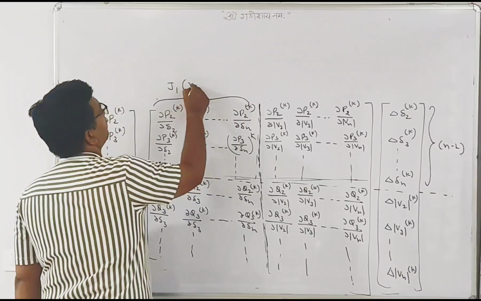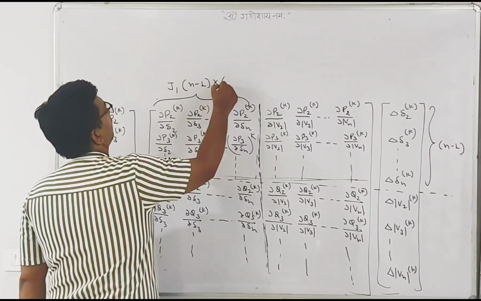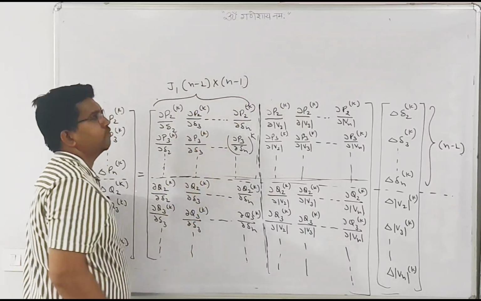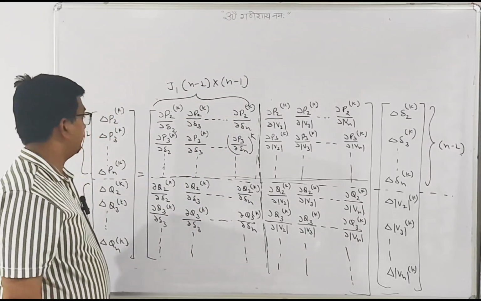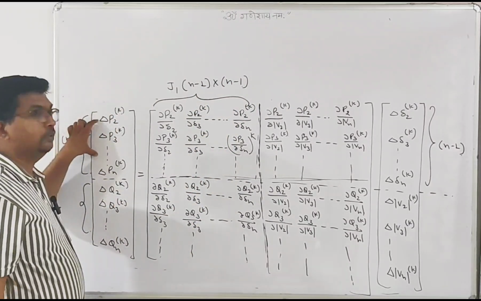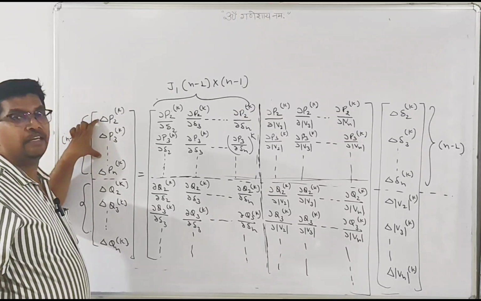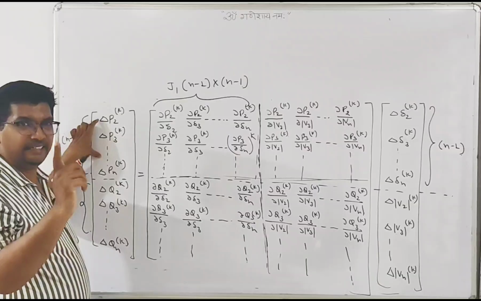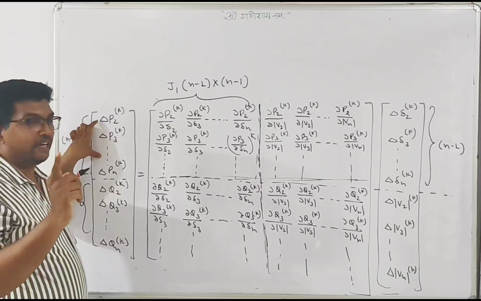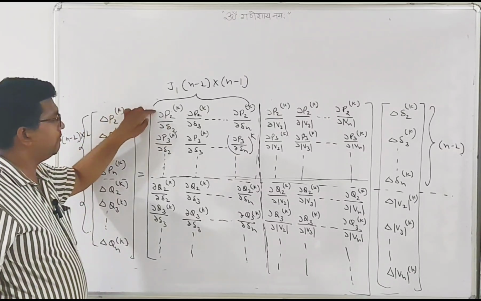Now what is the size of this J1? It is n minus 1 into n minus 1. Why? Because I already told you there are n minus 1 remaining buses, because we have selected bus 1 as the slack bus. So how many buses will be there? N minus 1.